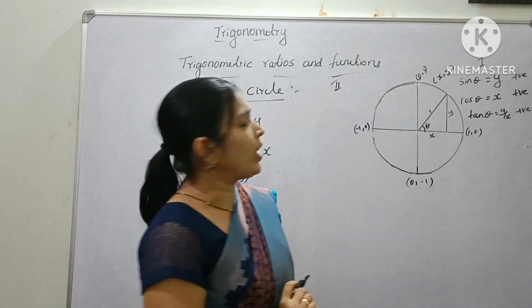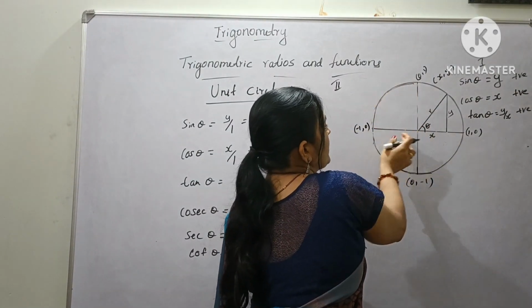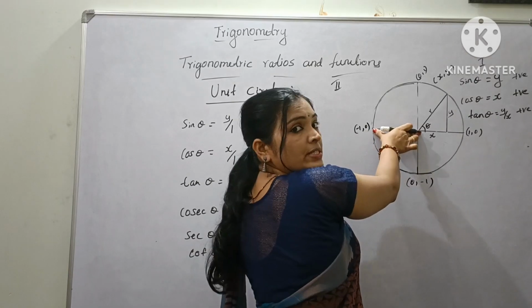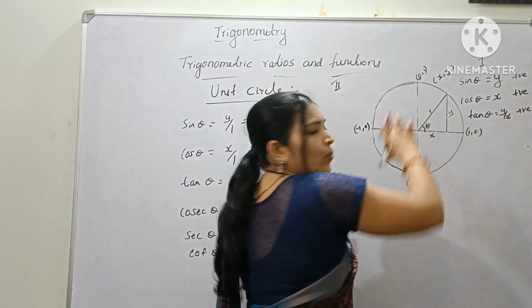In the second quadrant, this region contains the negative x-axis and positive y-axis.